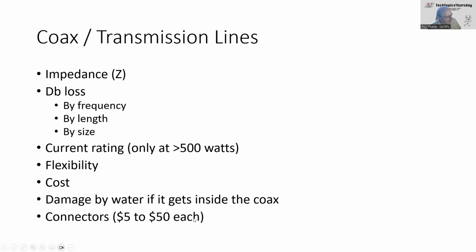So, if you want to get a really good end connector, you get the best, but that's going to cost you $50. So you have to figure in, how much is your coax going to cost? How much are your connectors going to cost? How much is it going to cost if you have to replace the coax? Like if it's buried and goes up a tower, you may want to spend more money and not have to replace it. So you've got to factor all of these things into it.